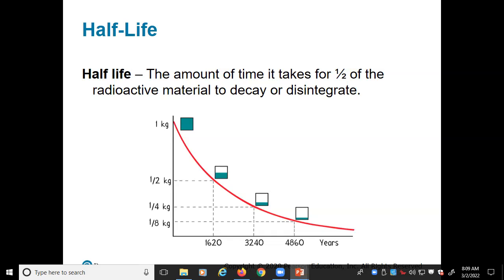What's really interesting about half-life is that it is consistent. Different kinds of chemical reactions will have different ways of looking at half-life.